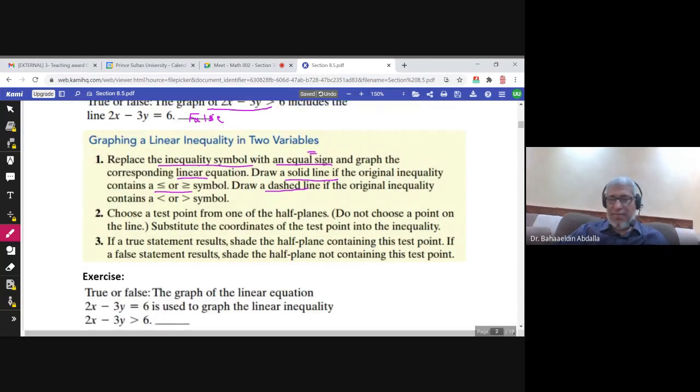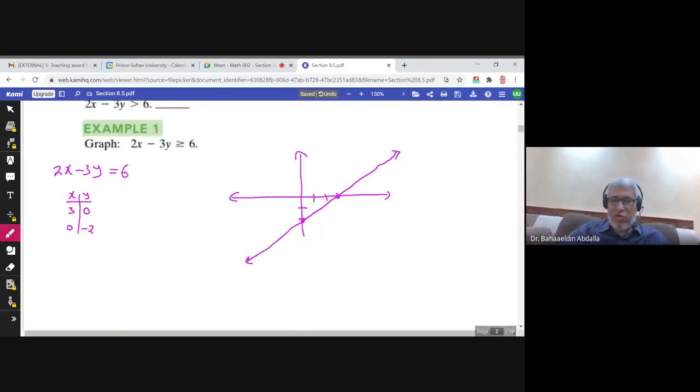Now the second step: choose a test point from one of the half planes. Do not choose a point on the line. Substitute the coordinates of the test point into the inequality. So I choose a point from one of the 2 planes, either from here or from here, but do not choose a point on the line.